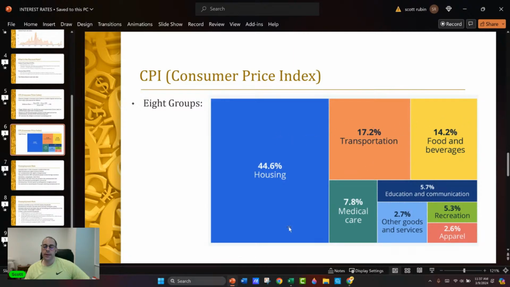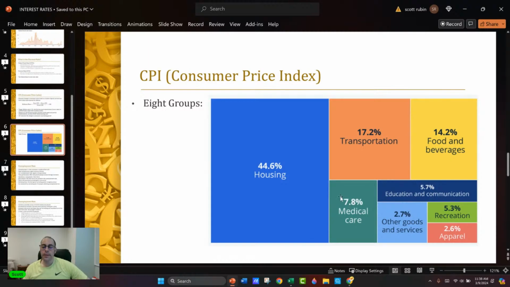Medical comes after that. Hopefully you have enough money for medical. So food and beverages is 14%: your groceries at the store, if you go out to eat during your lunch break, if you go for drinks at a bar after work.